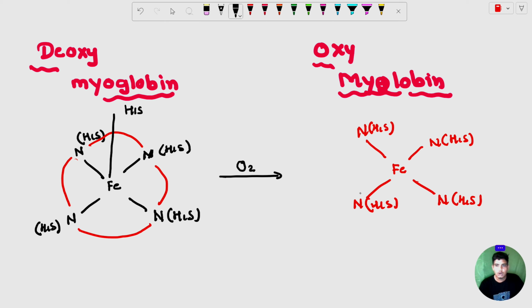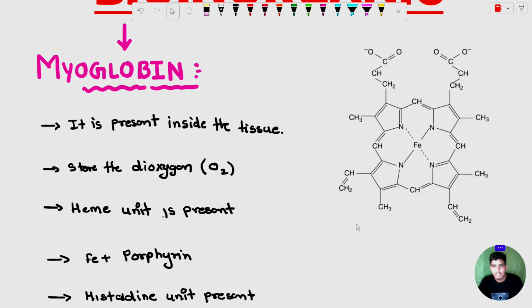Now all the histidine groups are interconnected with each other, like this, and they are connected with the bond of CH. You can see this is a real image of myoglobin. There is histidine present: one nitrogen, second nitrogen, third nitrogen, and fourth nitrogen, and with nitrogen the complete histidine group will be connected.